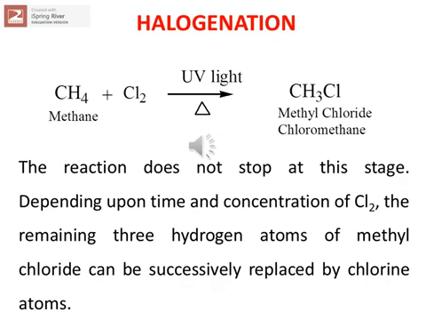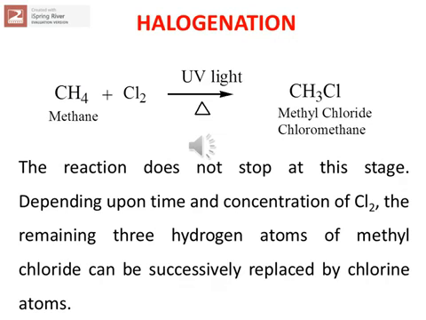When a mixture of methane and chlorine is subjected to ultraviolet radiation, first methyl chloride or chloromethane is formed. The reaction does not stop at this stage. Depending upon the time and the concentration of chlorine, the remaining three hydrogen atoms of methyl chloride can be successively replaced with chlorine atoms.